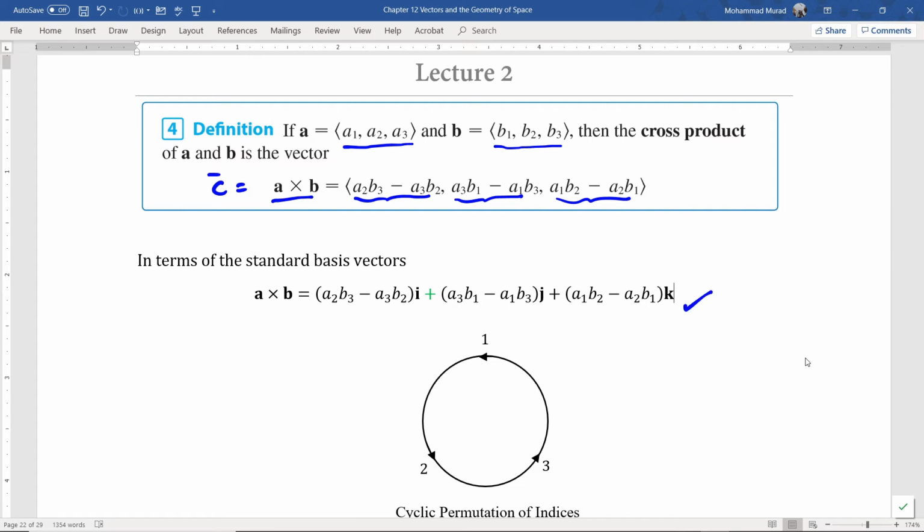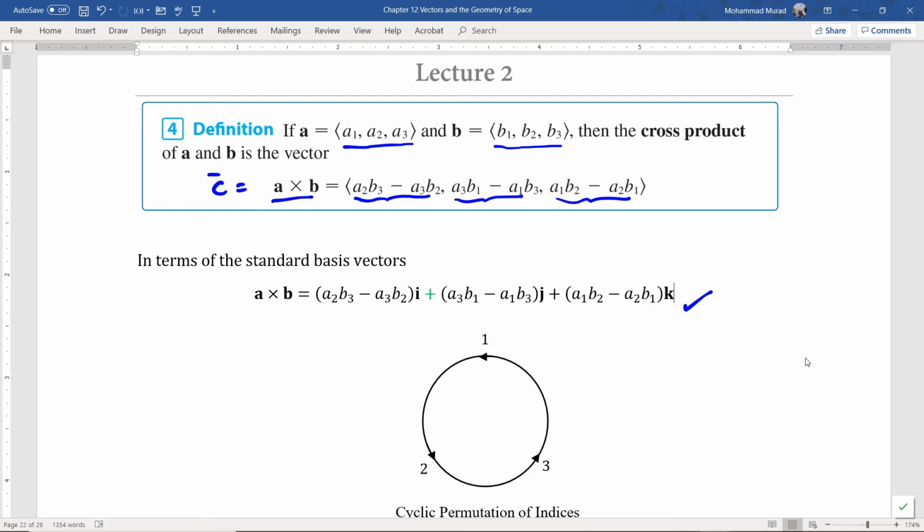Here, notice in the first component, we don't see the appearance of any A1 or B1 components. It is just a combination of the second and third components of the vectors A and B. So A2 B3 minus A3 B2.